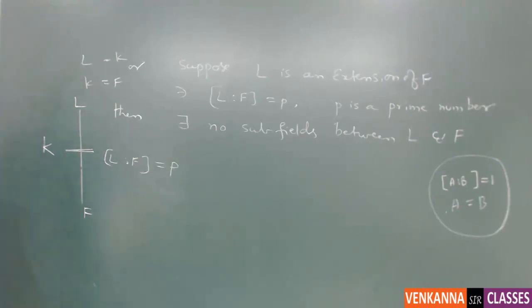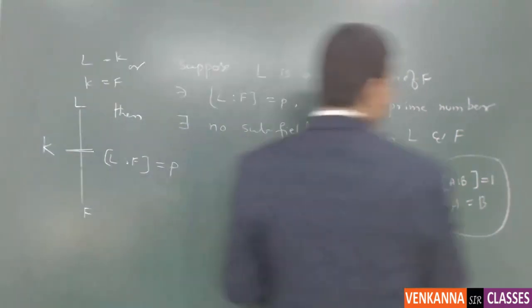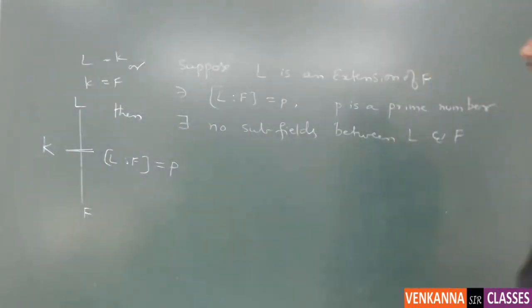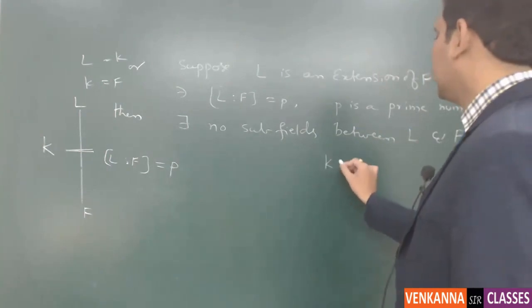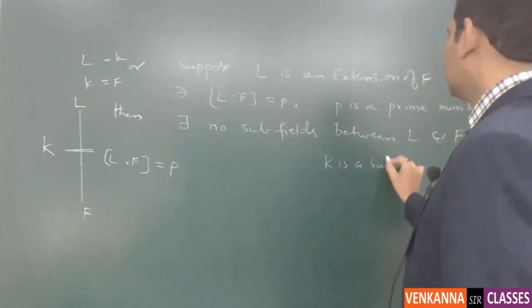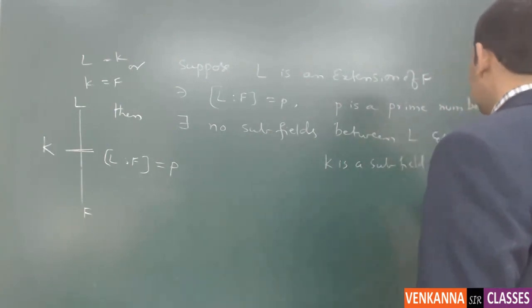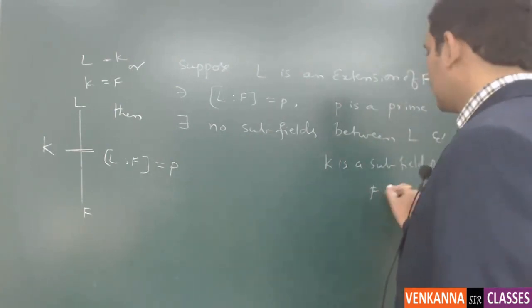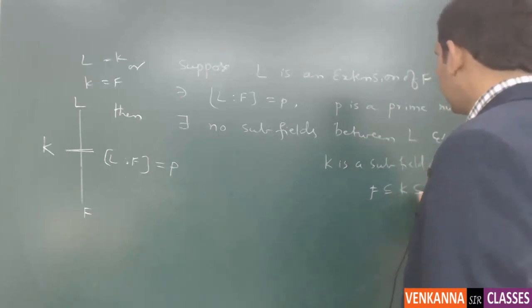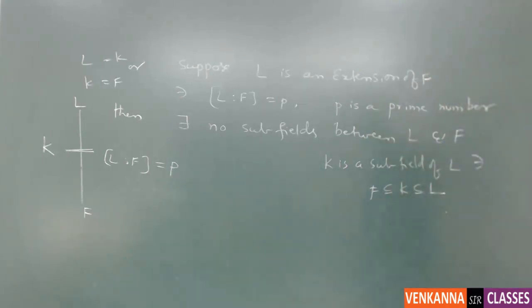Now, for the solution part, let us take that K is a subfield of L such that F subset of K subset of L. Now, the yesterday theorem I am using here.